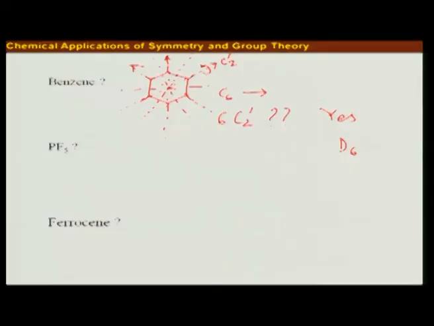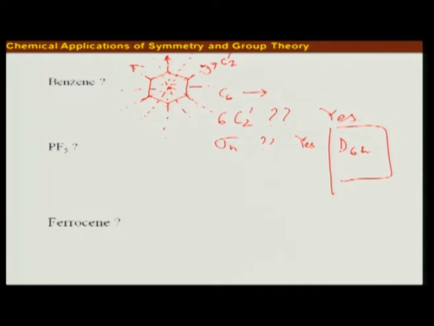Hence, I have a sigma H. So if the question is asked about sigma H, the answer is again yes. So ultimately my point group is D6H. So that is very easy. Now you can see that there are a lot of symmetry elements present there, and then there will be a lot of symmetry operations generated from that.